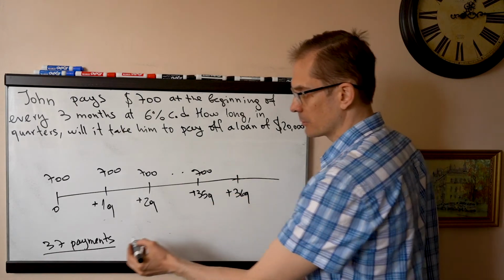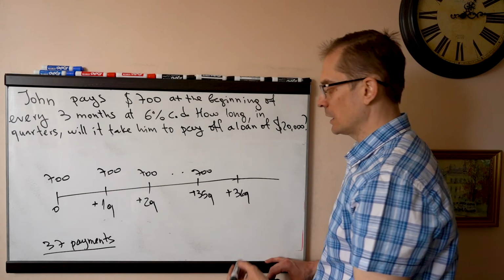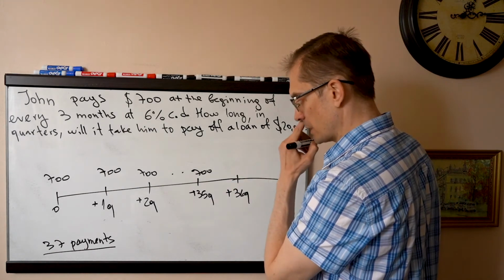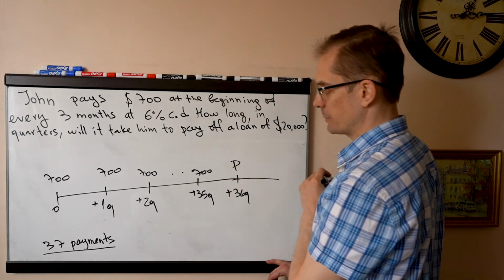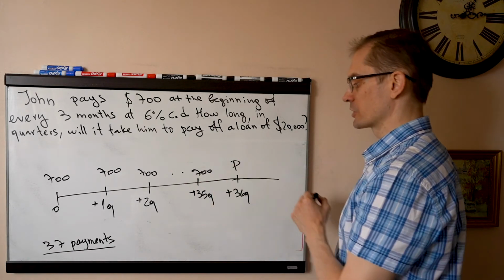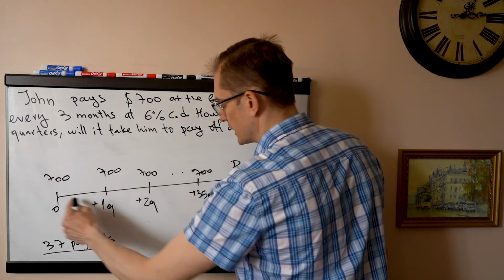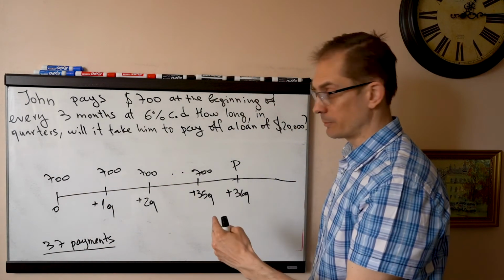Because remember, this 37 is a rounded up number, right? So this last payment will be a partial payment. So let me use P here, okay? So that's not a whole $700, it's a partial payment after 36 quarters.